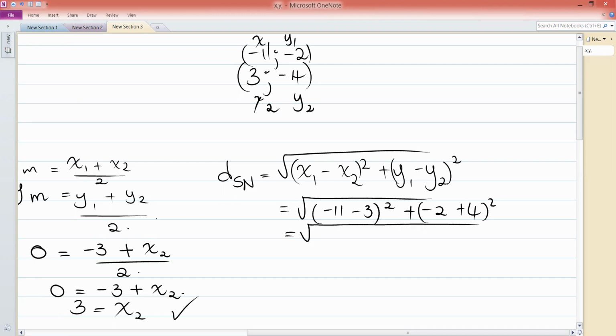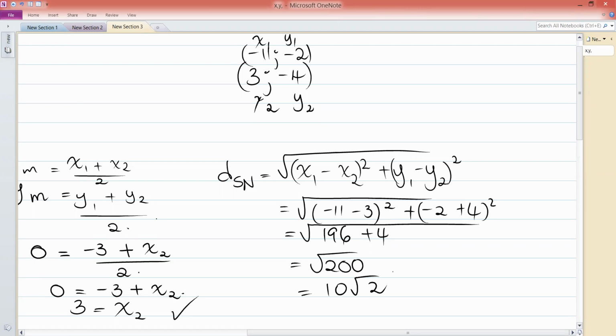Okay, so plug it into your calculator. What do you guys get? So -11 minus 3, and I square that, I get 196. Then -2 plus 4, so 2 squared, that's 4. The square root of 200, and I get 10√2. What do you guys get? Also that. Okay, cool.